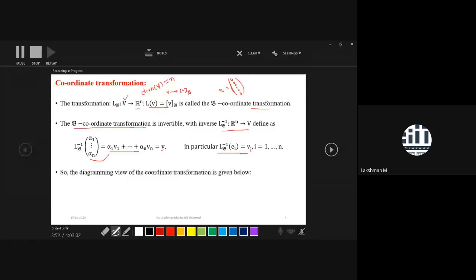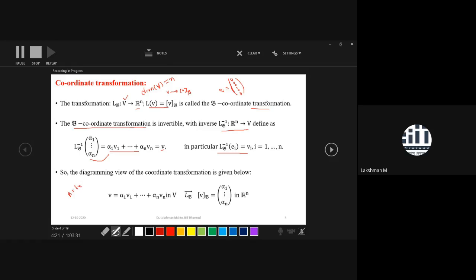Now the diagrammatic view of the coordinate transformation, we had already discussed, and we can observe it this way. If you take any element small v from the vector space V, and V has a basis beta with basis elements v1 to vn.